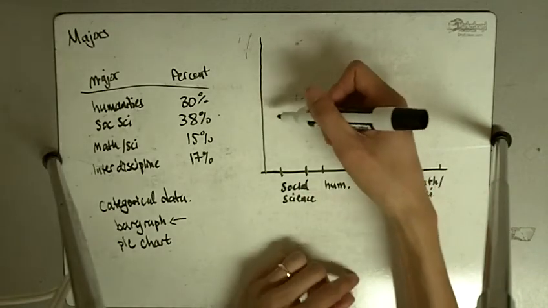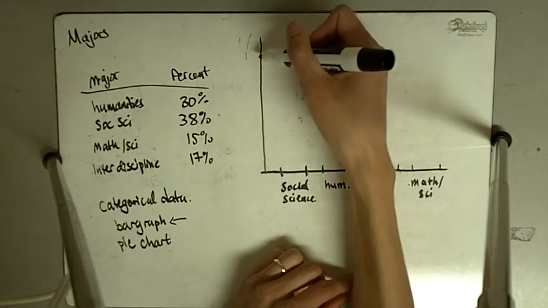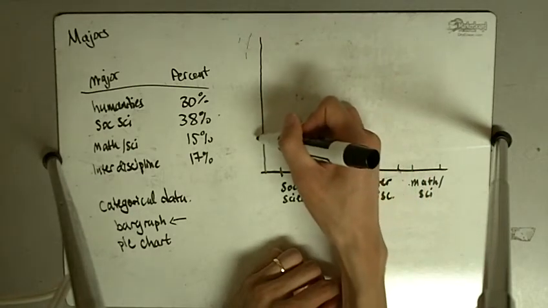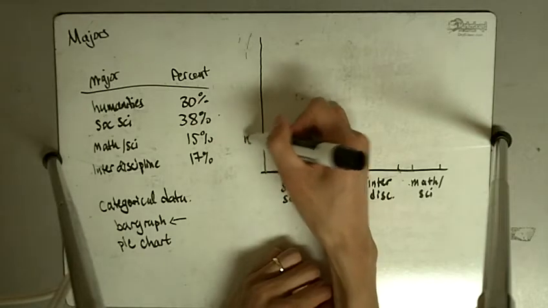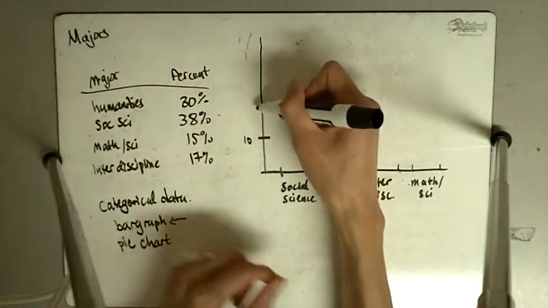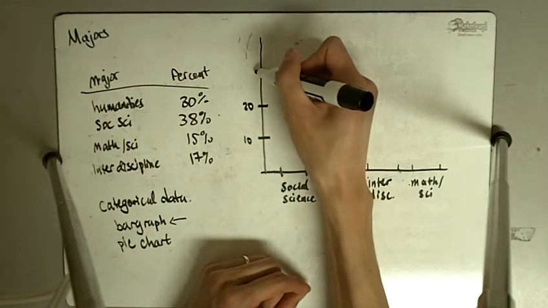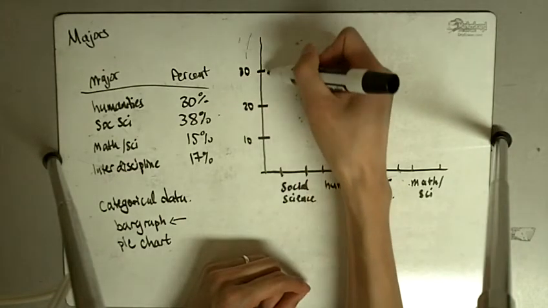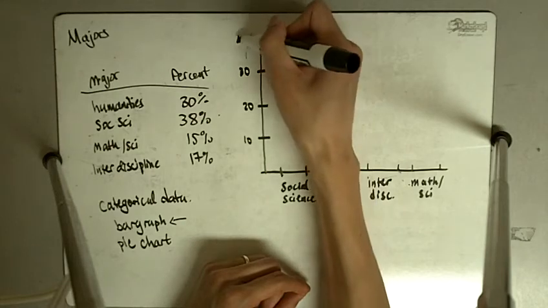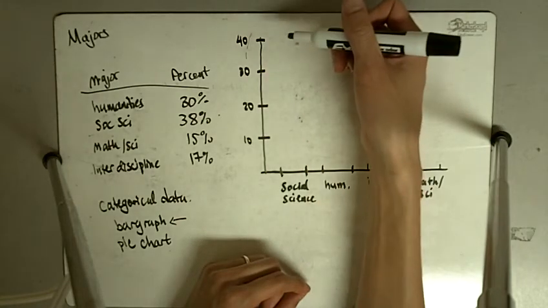And to show the different heights, we need to establish a scale. So I'm going to just mark this off as 10, and then approximately the same distance up will be 20. And the same distance we'll mark 30%, and that will be about 40%.